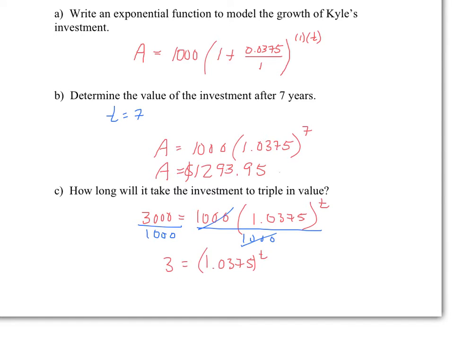Okay, if you recall, to solve an equation with a variable in the exponent, when the bases are different, you'll need to use logarithms. So what I'm going to do is take the log of both sides. So you get log of 3 equals log of 1.0375 to the power of t.